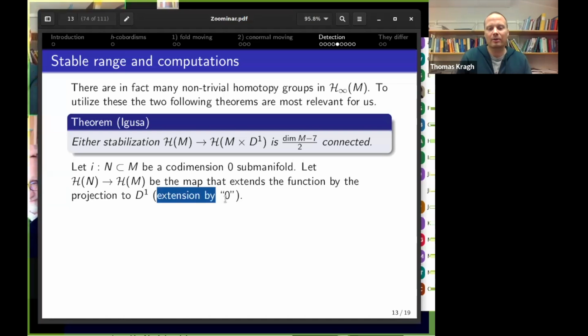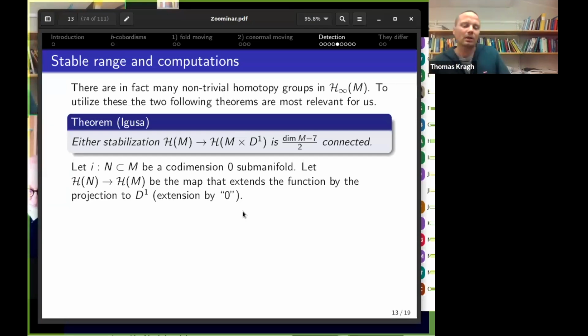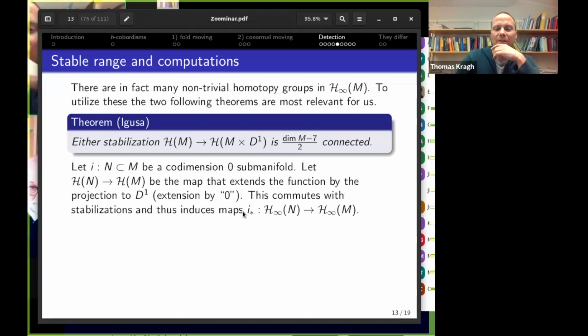And this you might want to think of as extension by 0 because you're extending by the thing that defines the base part. So these are very natural maps. And they also commute with the stabilization maps, which is not too difficult to work out. So I'm just going to leave it at that.